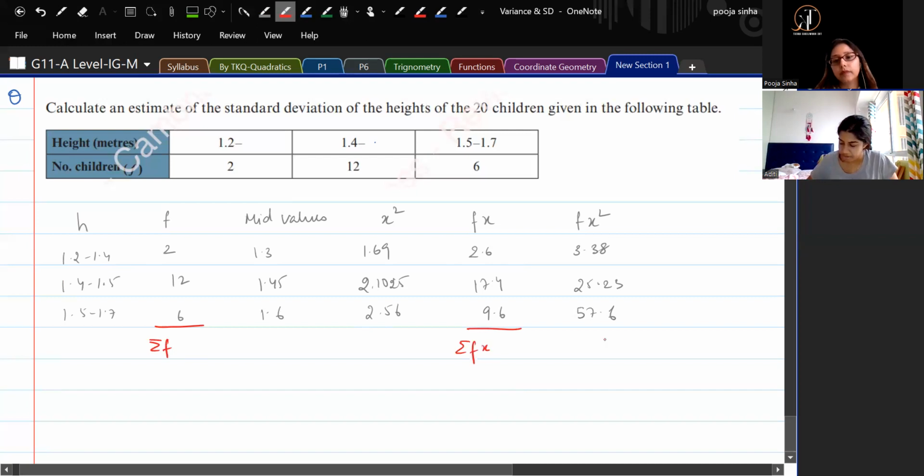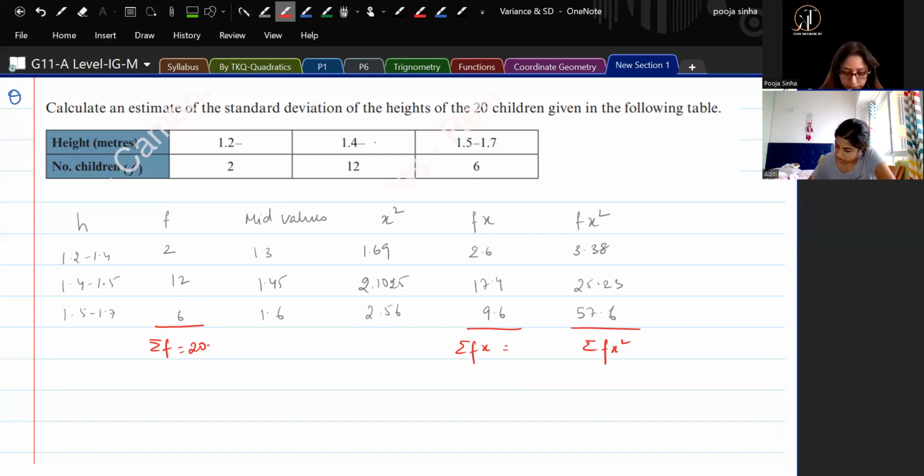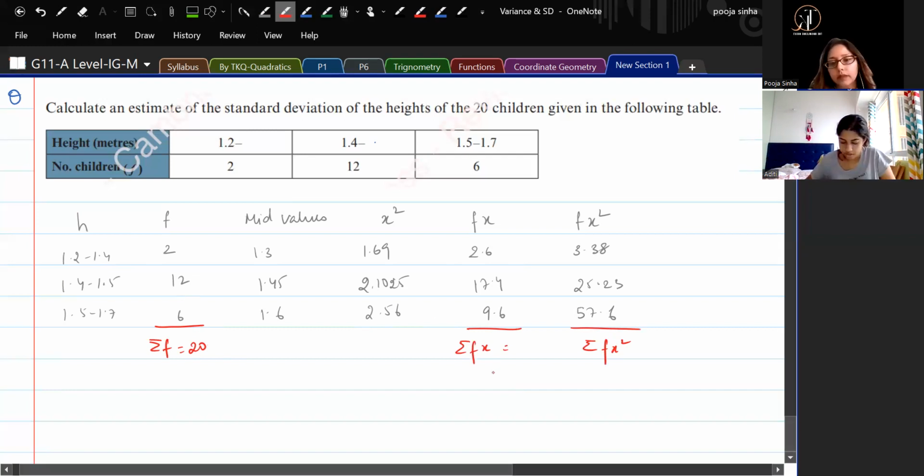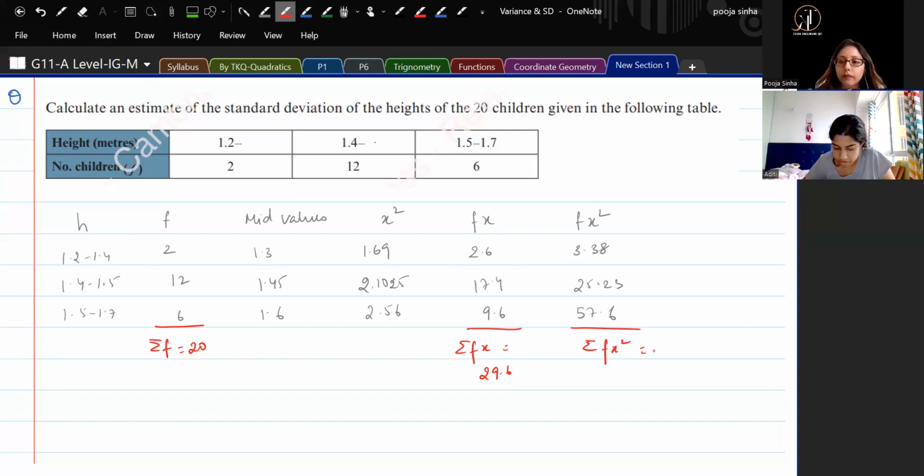Summation f is 20 in this case. So then 2.6 plus 17.4 plus 9.6, 29.6. Yeah, just give me a moment. I'll just add 2.6 plus 17.4 plus 9.6. Sorry, syntax error.